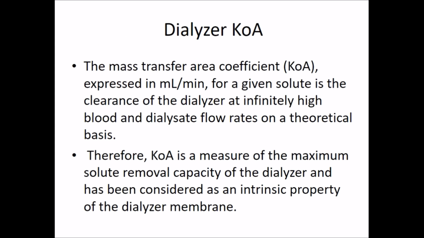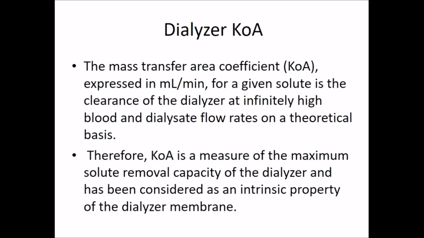Sometimes there is a specification of the dialyzers called the mass transfer area coefficient, or KoA, expressed in milliliters per minute for a given solute, which is commonly described for KoA urea, which means the clearance of the dialyzer at infinitely high blood and dialysate flow rates on a theoretical basis.